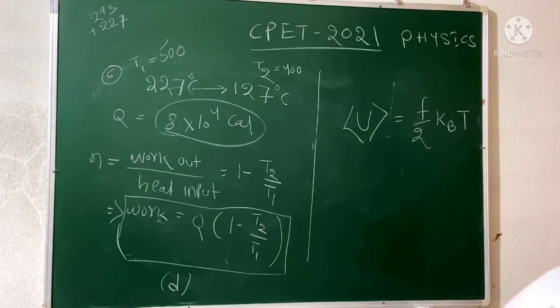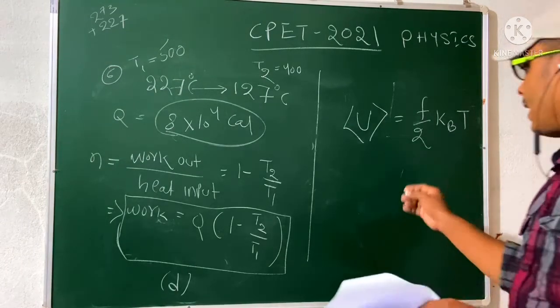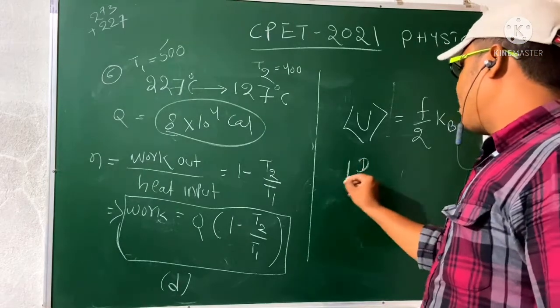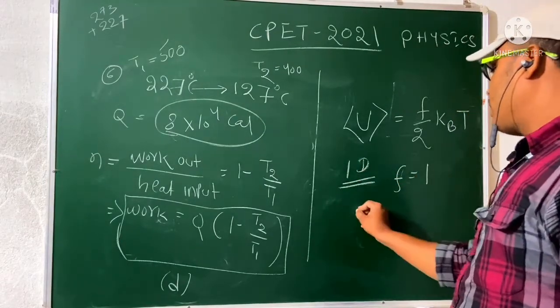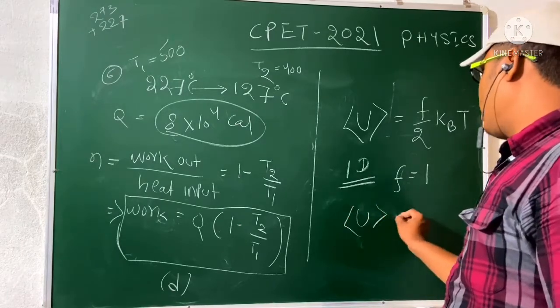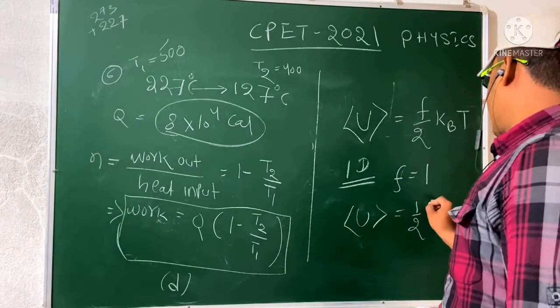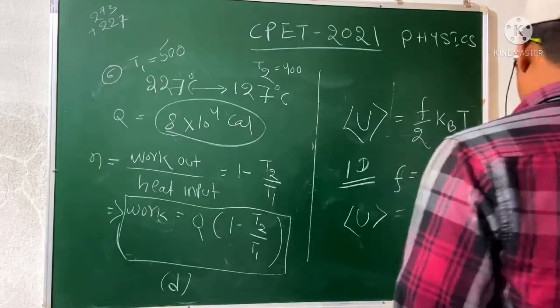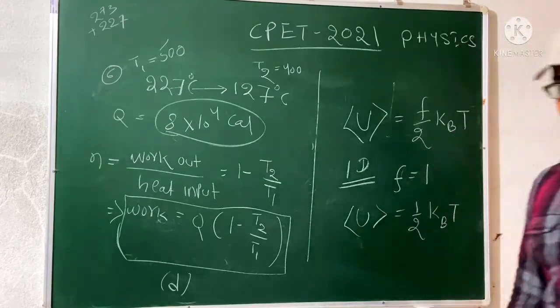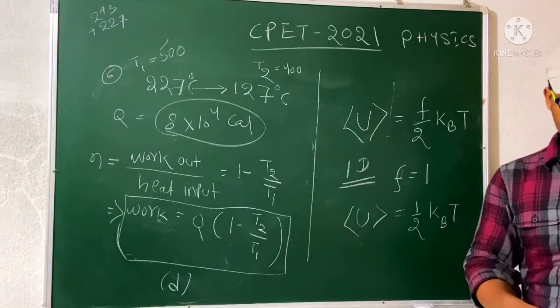For a one dimensional oscillator the degree of freedom is 1, so the internal energy is half kT.